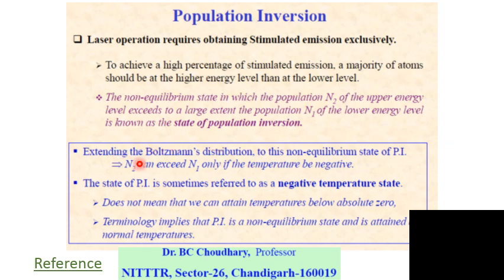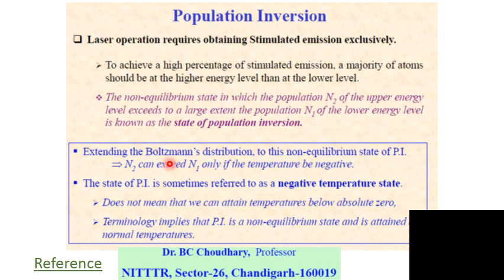Next is the Boltzmann distribution, which we already studied in our second lecture, I think. By the Boltzmann distribution, we can find the population of atoms at any energy level. In equilibrium, Boltzmann tells us that as we move towards higher energy levels, the population decreases.